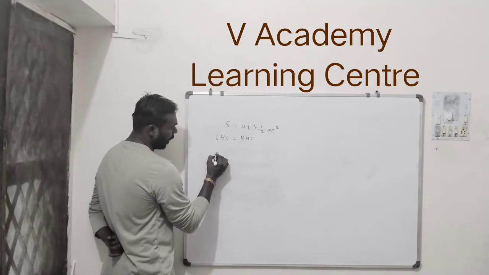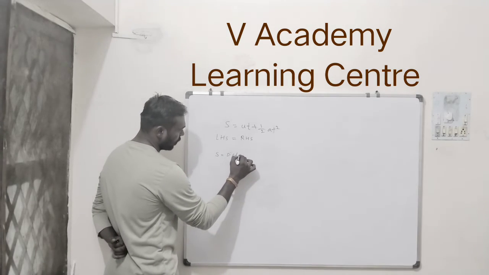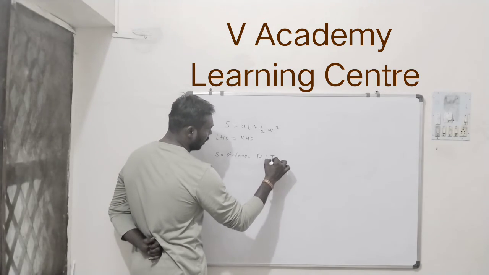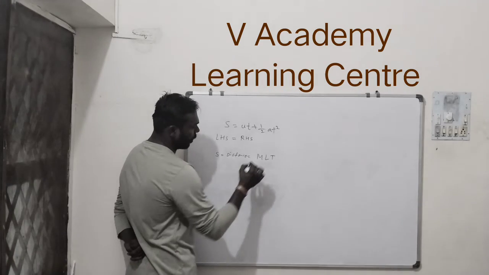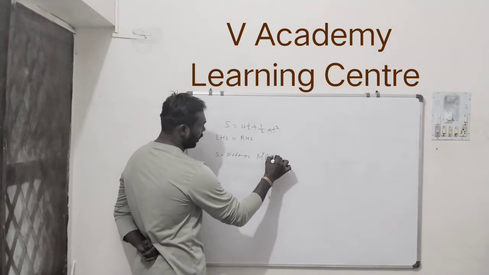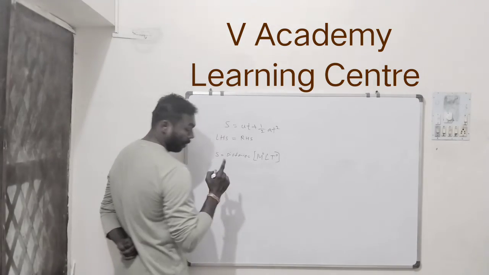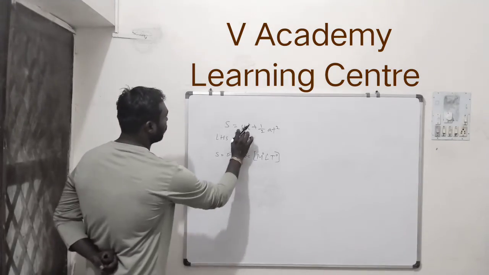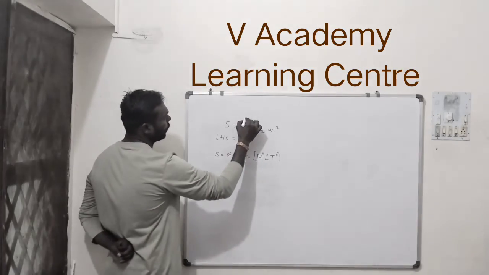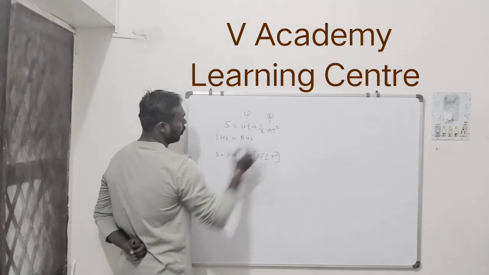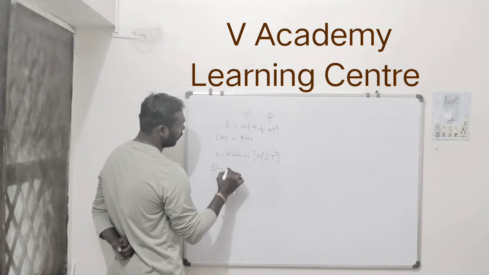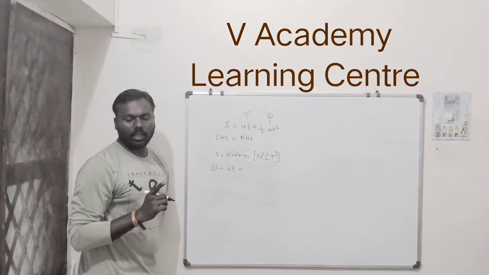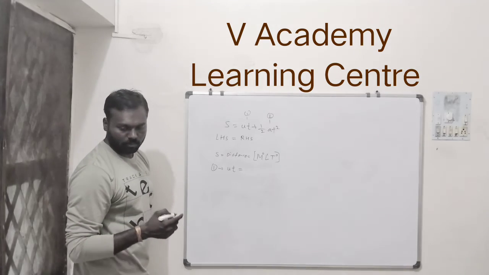LHS: s. s is distance. What's the dimension for distance in terms of MLT? M0, L1, T0. Correct? Make sure the remaining terms on our RHS should be the same. First term, ut. u means initial velocity.